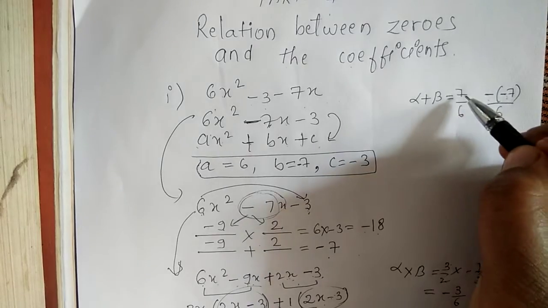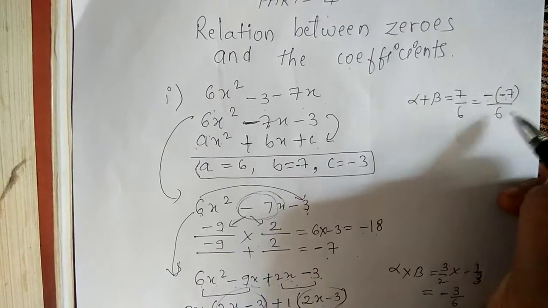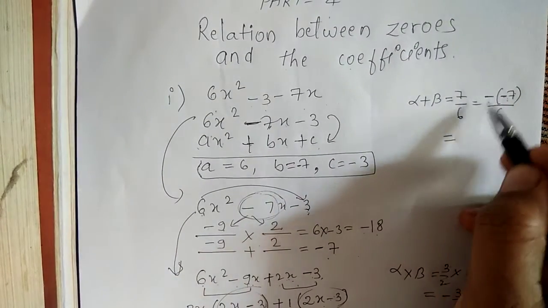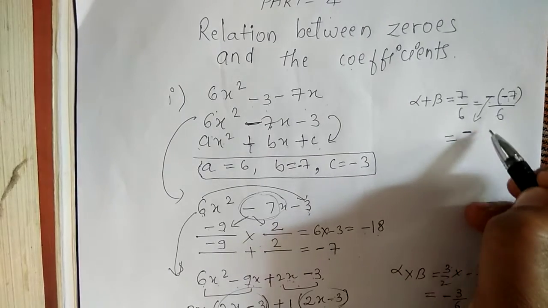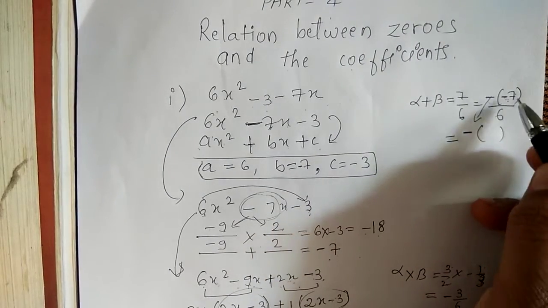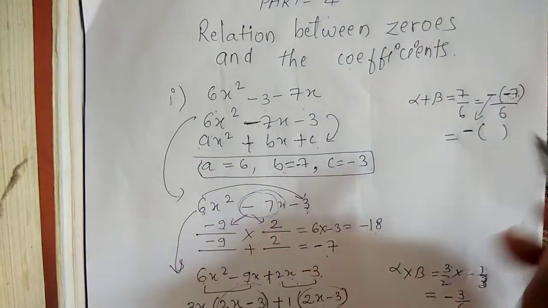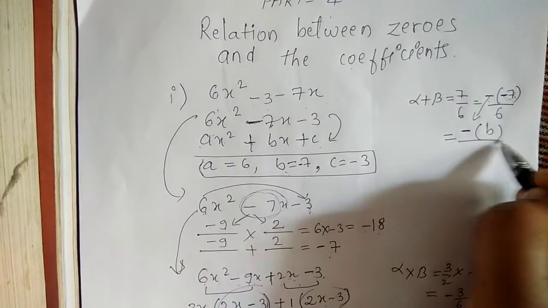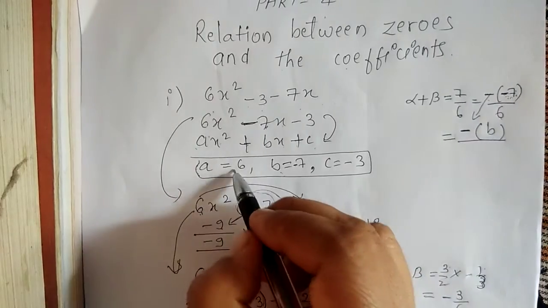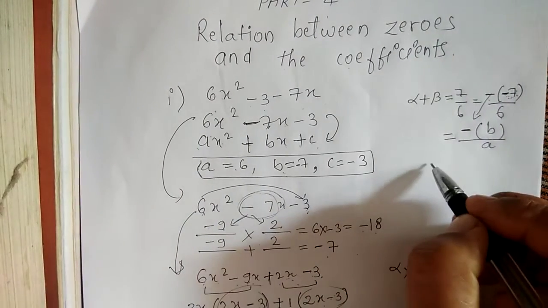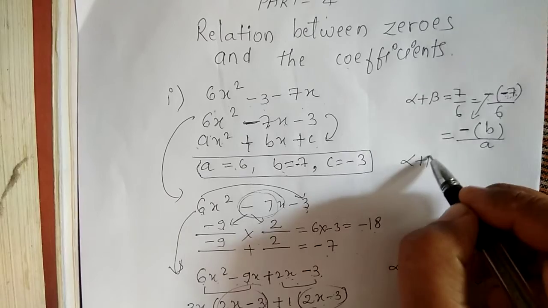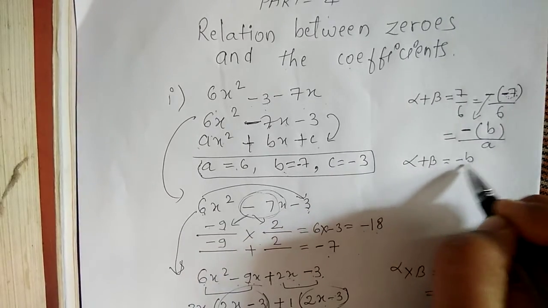So I can write this 7 as minus of minus 7 by 6. So this minus here, and minus 7 is the value of B, and 6 is the value of A. So alpha plus beta we got as minus B by A.